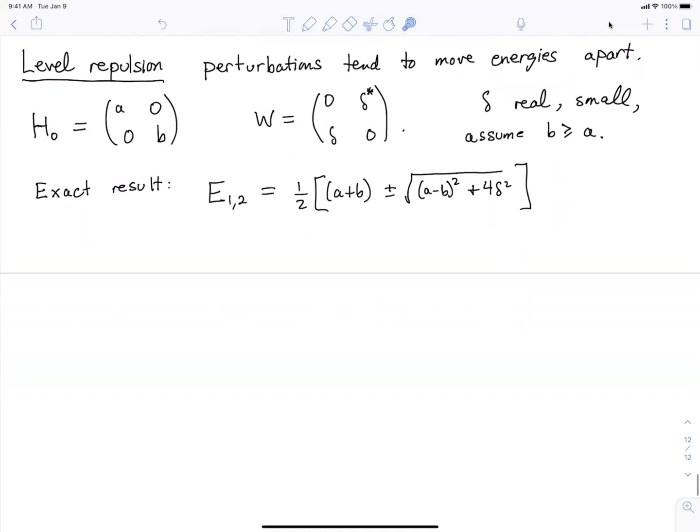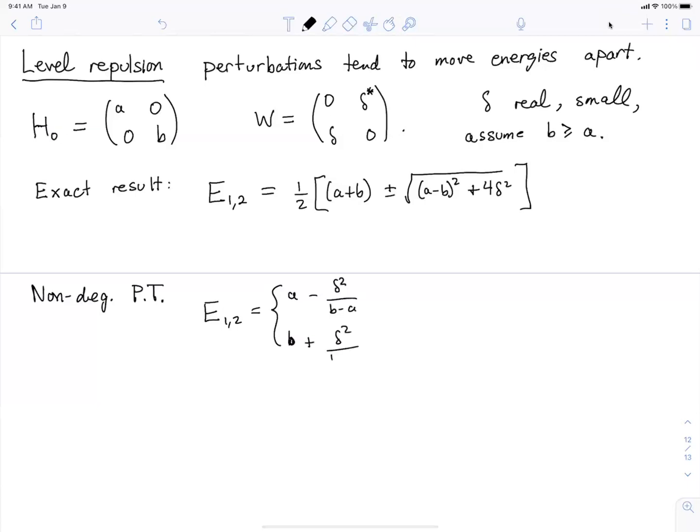Okay, so now for this example, let's consider the three kinds of perturbation theory that we've talked about. First of all, there's the non-degenerate case. If you apply non-degenerate perturbation theory to this example, then you will find the eigenvalues are A minus a correction, which is delta squared over B minus A for the first one, and B plus delta squared over B minus A for the second one.